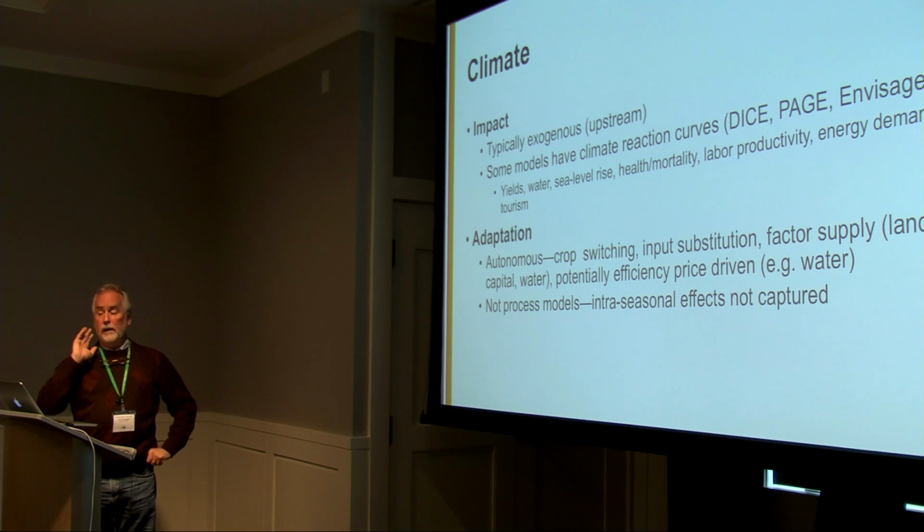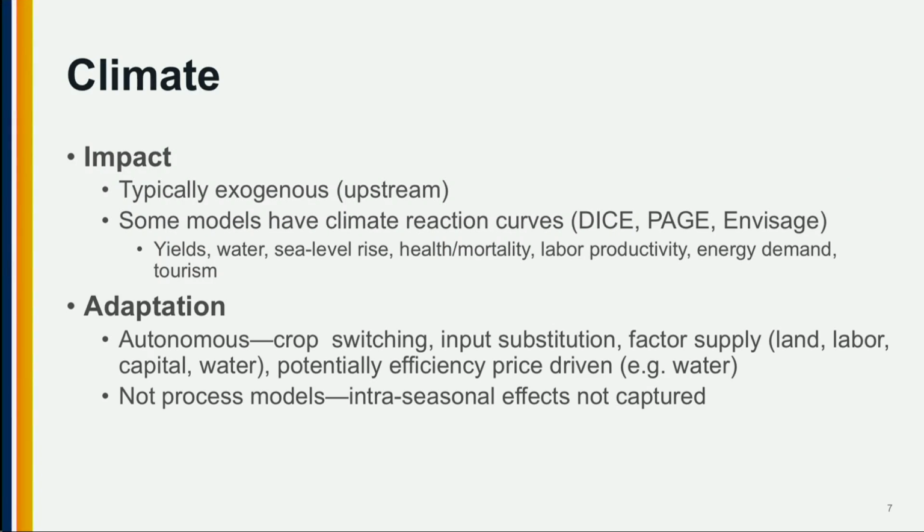Climate: the way we introduce climate, for most of us, is just an exogenous change in yields coming from the upstream processes. Some of us actually have reaction curves in our model, but by and large it's exogenous.